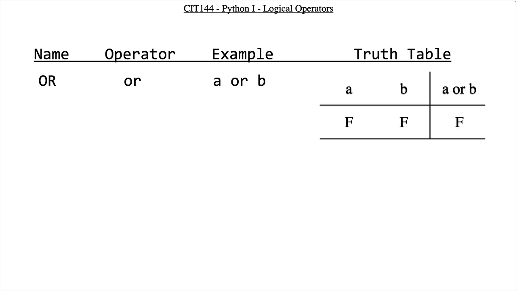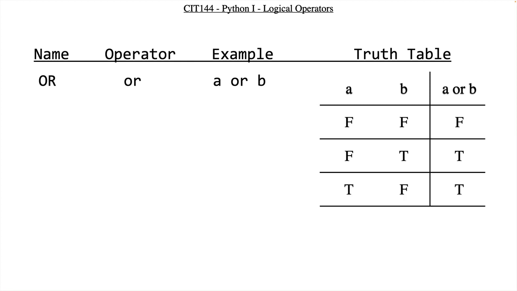In the first case, they're both false, so A or B would be false. In the second case, for false and true, A or B would be true. In this case, A or B would be true because A is true. And finally, if they're both true, we only require one be true, but both being true will also result in A or B being true.